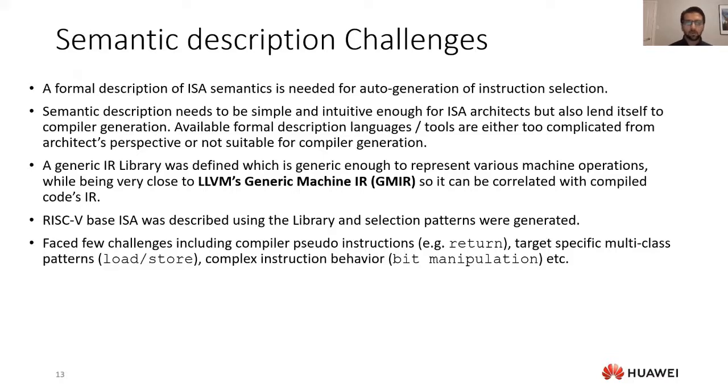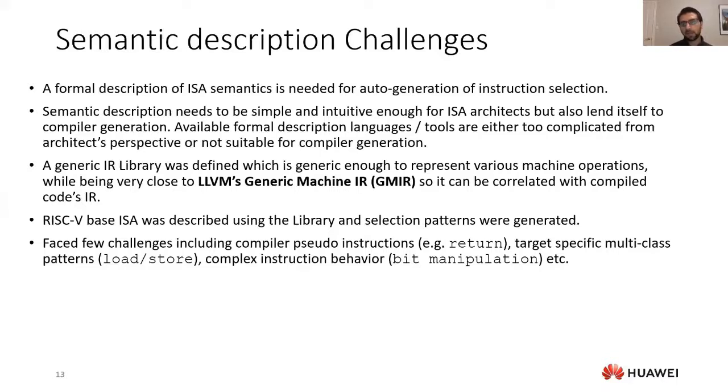And so we described the RISC-V base ISA using the library, and selection patterns were generated from that. Of course, we faced a few challenges while doing that, which include the compiler pseudo instructions, because once you're going from ISA towards the compiler, you don't have any information about compiler pseudo instructions.